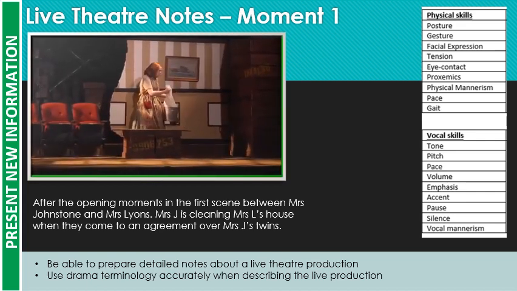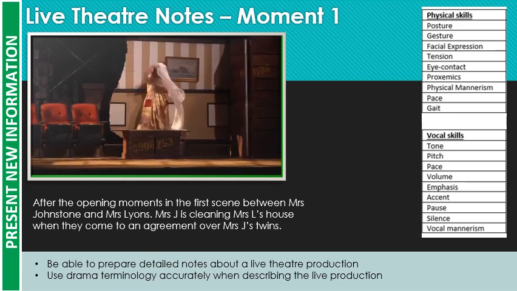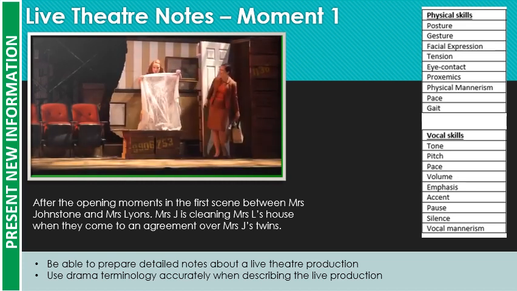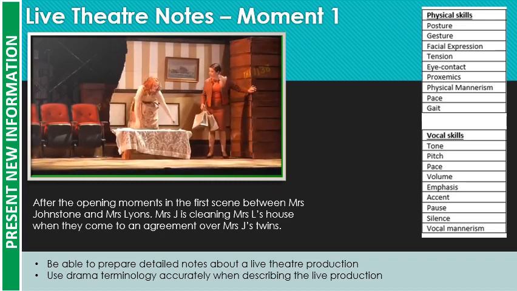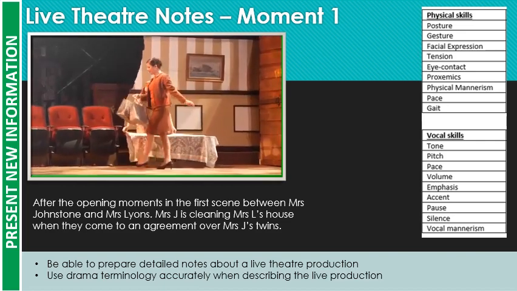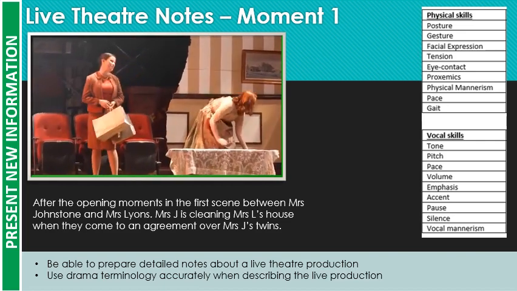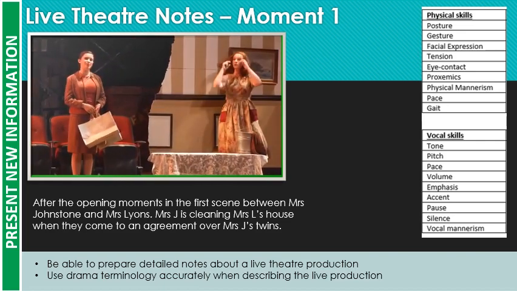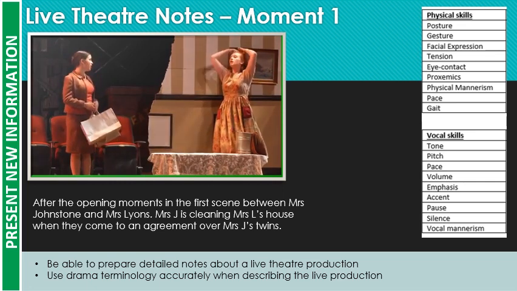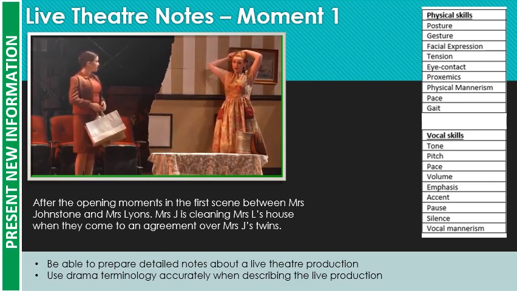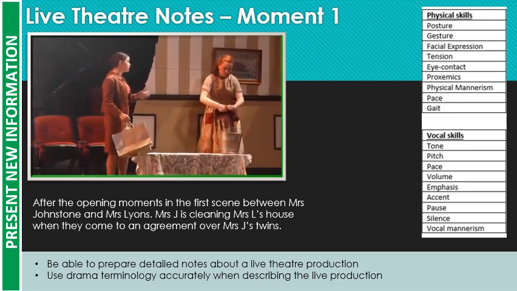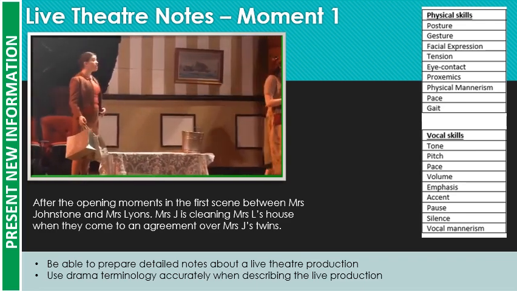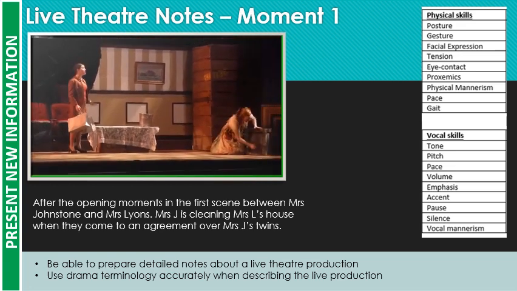Hello, Mrs. J. How are you? Is the job working out all right for you? Ah, it's great, thanks. It's such a lovely house. It's a pleasure to clean it. Yes, it is a lovely house, isn't it? It's a pity it's so big, though. I'm finding it rather large at present. Yeah, with Mr. Lyons being away and that. When does he come back, Mr. Lyons? Oh, let's see. Well, the company sent him out for, it seems like, such a long time. They sent him out for 9 months, so he'll be back in 5 months' time.